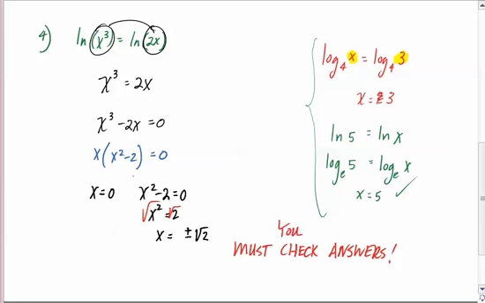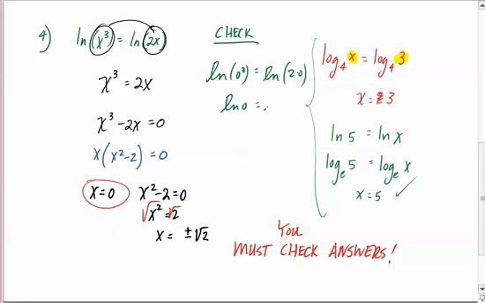So let's take a look. What would happen if I put a 0 back into this right here? I'd have the natural log. Let's take a look. This is my checking. Alright, so I'd have a natural log of 0 equal to the natural log of what? 2 times 0. So I'd have the natural log of 0 equal to the natural log of 0. What is the natural log of 0?